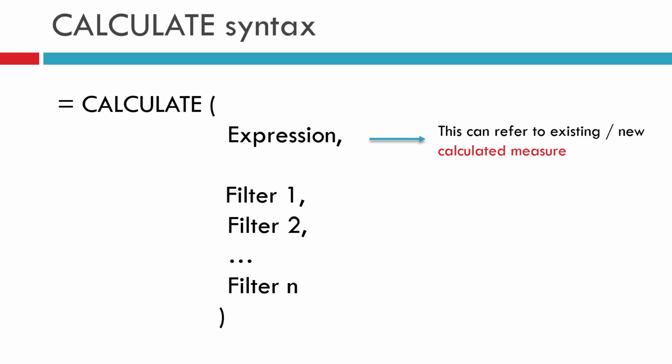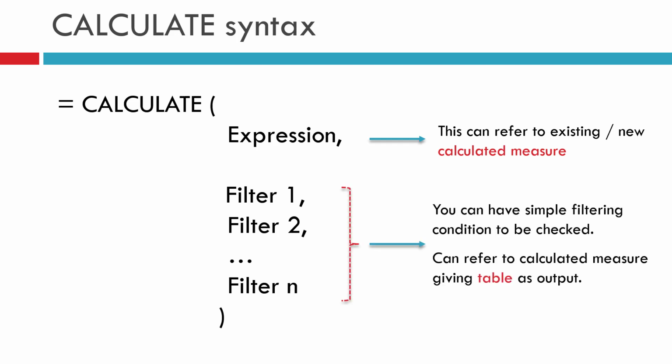Now imagine that you want to restrict results from the expression in the first argument only for specific records. You can specify that using the second argument and later arguments as well. This simply means that you want to filter out only the relevant records from your entire data and then execute your first expression.